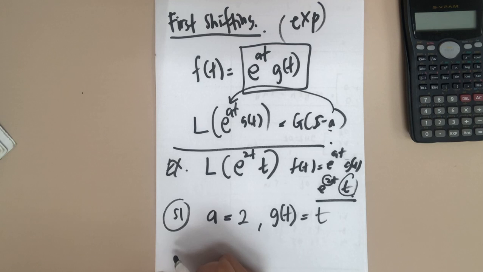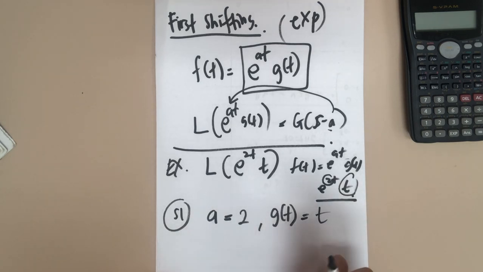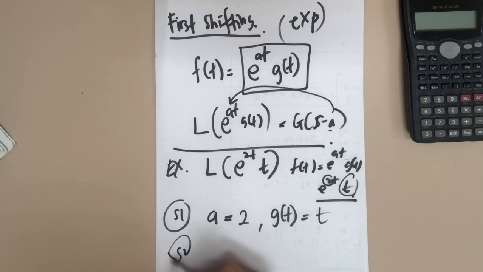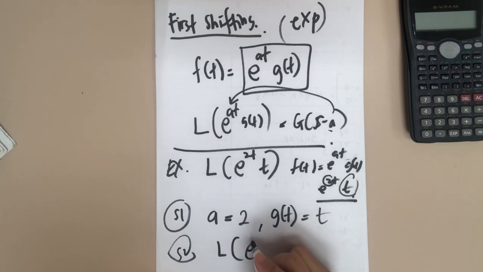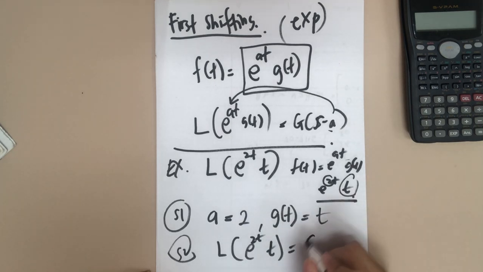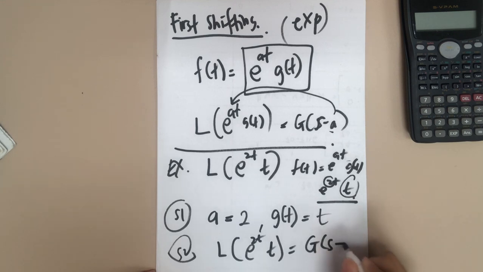Next, step number 2. We write the form of the final answer that you are supposed to get. This is e to the 2t, and g(t) is t. So the final answer must be in terms of G(s minus a).